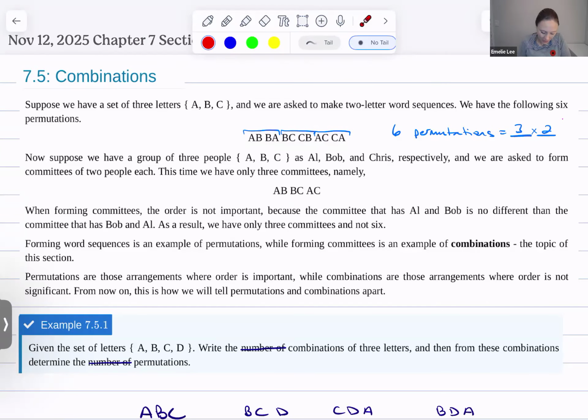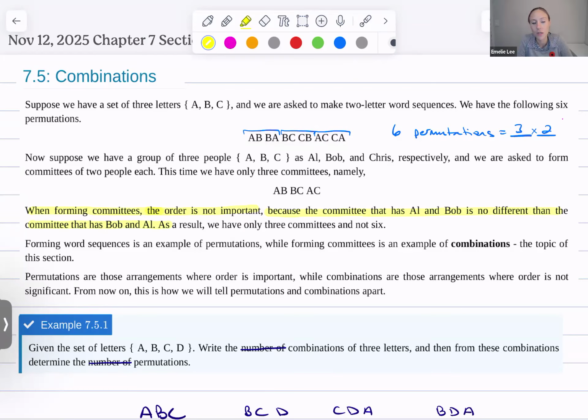And so when we're forming committees or just groups where the order doesn't matter, this is the important part: when forming committees, the order is not important, because the committee that has Al and Bob is no different than the committee that has Bob and Al.